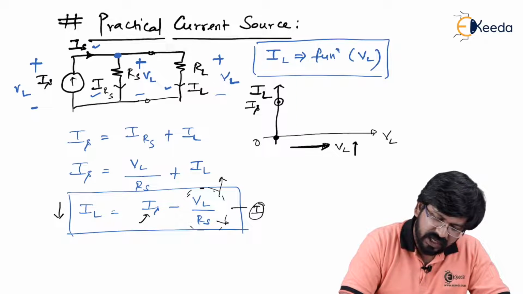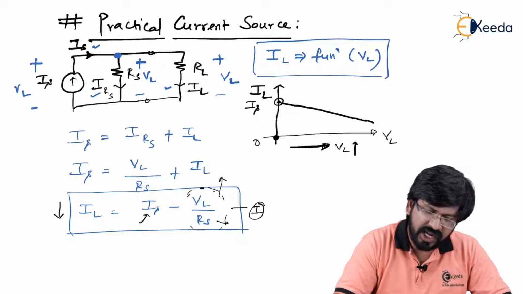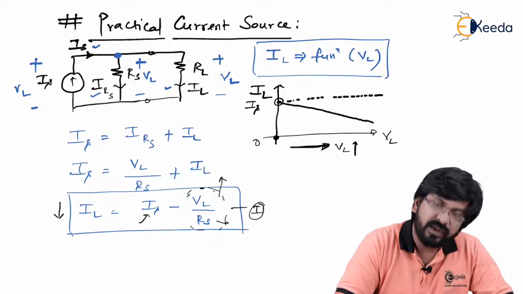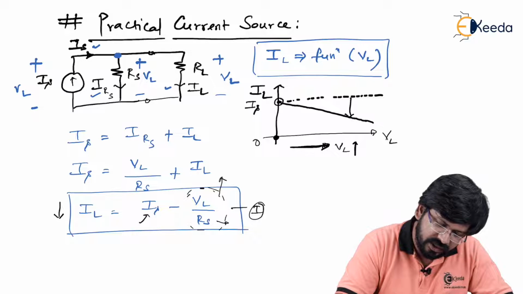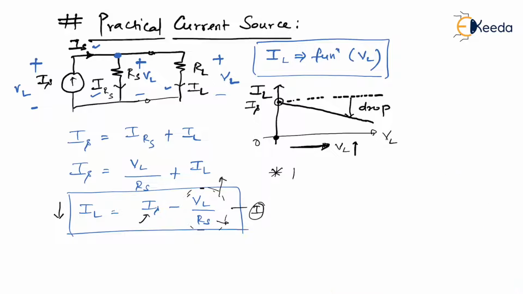So the moment VL starts increasing, IL practically starts decreasing. At some point, it might happen that IL will become 0. But this is not expected. We expected that IL could remain the same. So this is actually a drop value. Is that right?